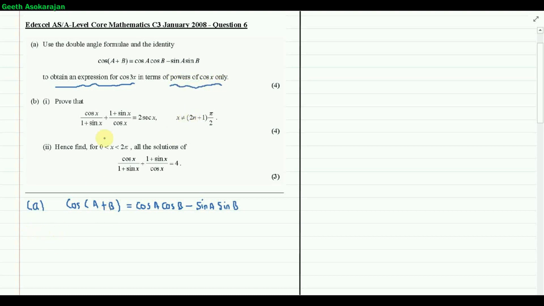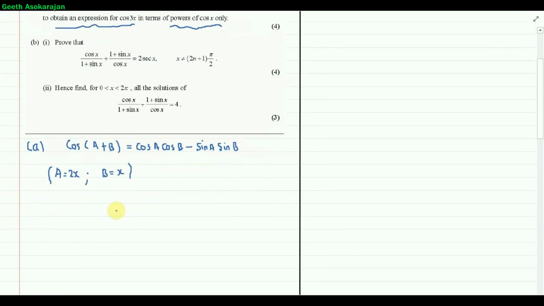So what I'm going to do is get an expression for cos 3x. 3x is the same as 2x plus x. So 2x plus x is 3x. In that case, I'm going to take my A to be 2x and my B to be x. On that basis, let's replace in this identity above.